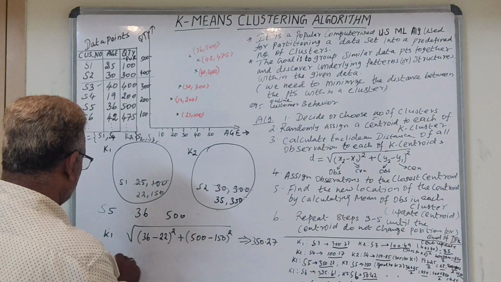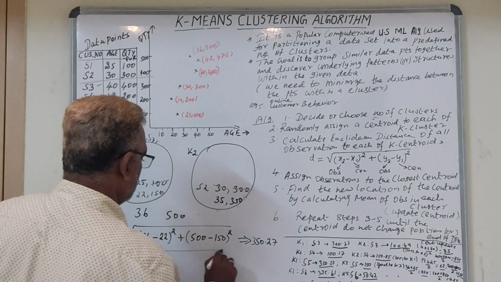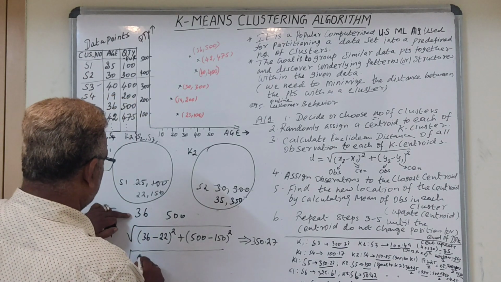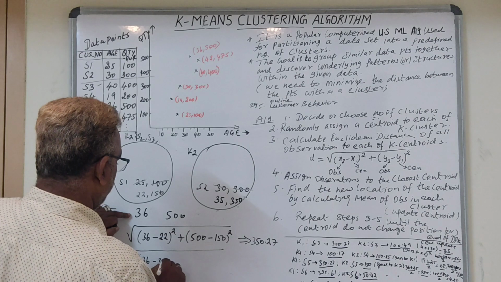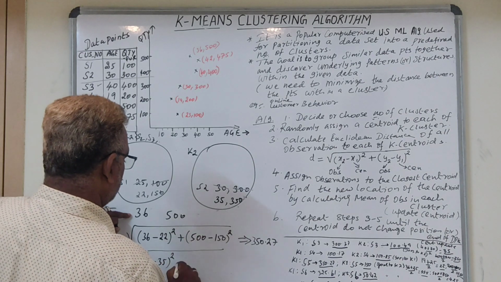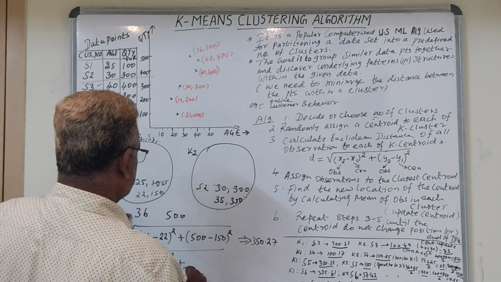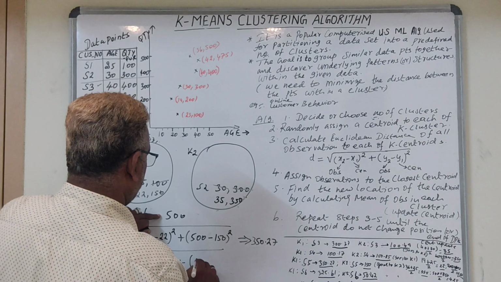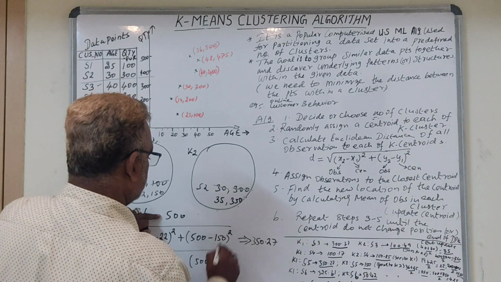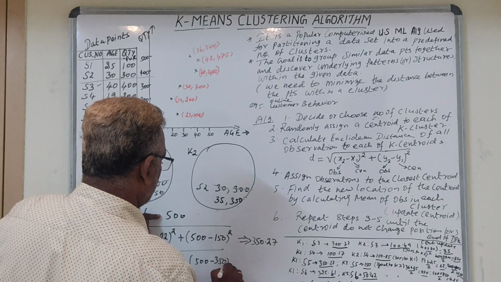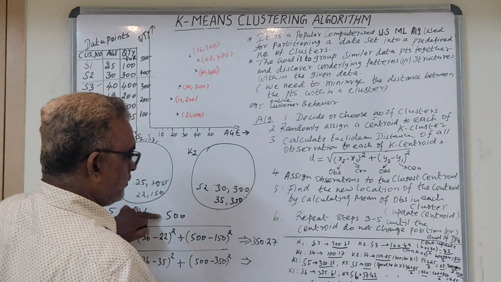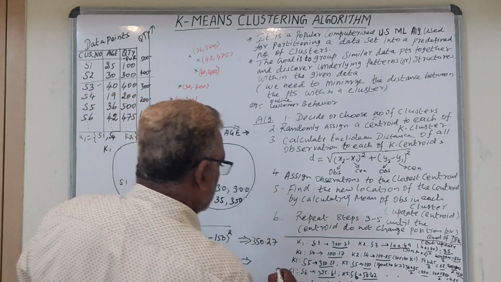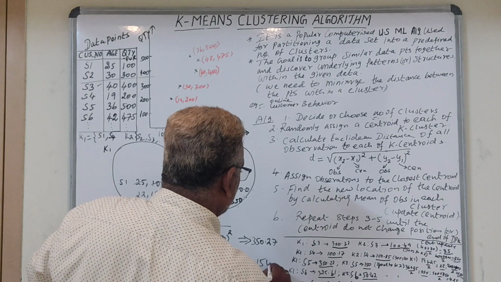Similarly for K2, square root of 36 minus 35 whole square plus 500 minus 350 whole square. This value is equal to 150.